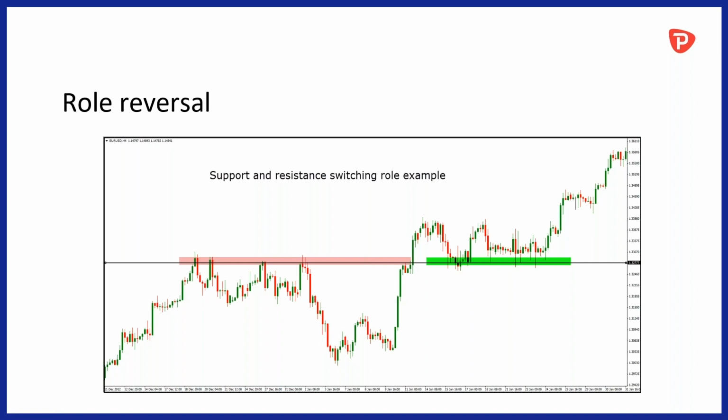Role reversal is that human psychology of when something breaks through and reaches a new high, what people are doing here is they're buying it because they go, oh, it was cheaper than the high. We're still really confident this is going long, and we can see that that was a point that was really hard to get through. So it's that human psychology that comes in, and that's what makes role reversal so special.